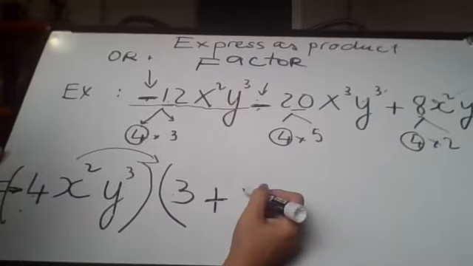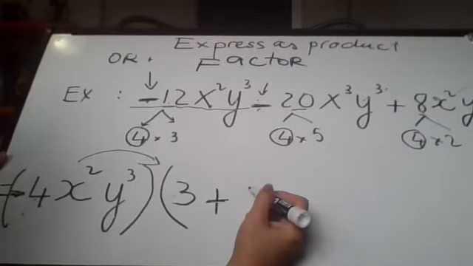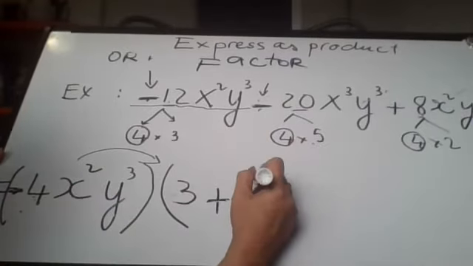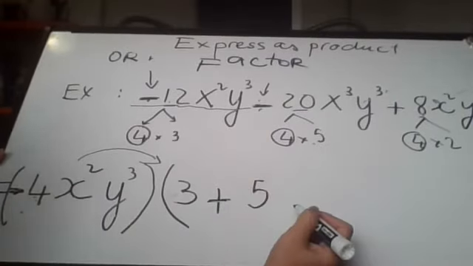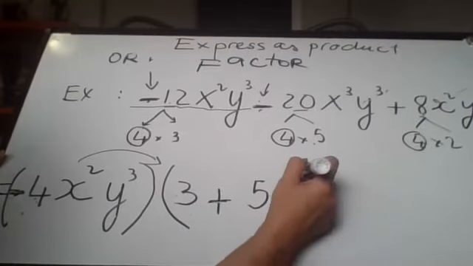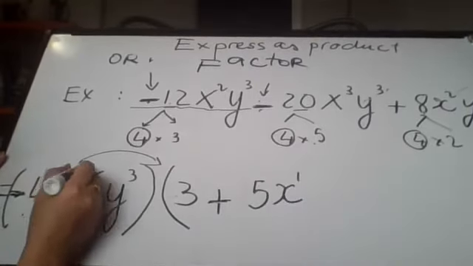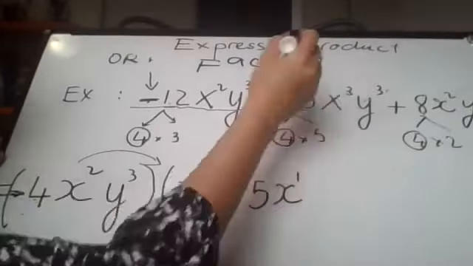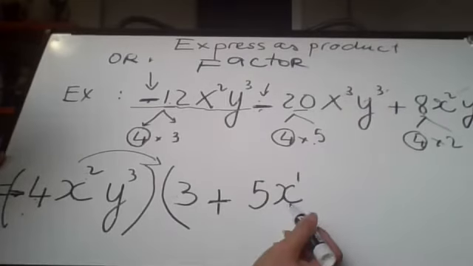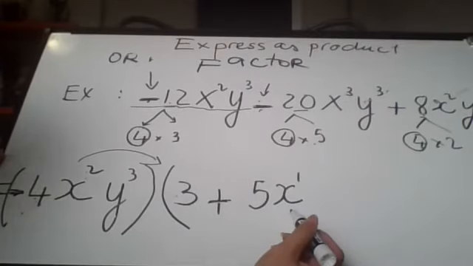So this will be 20, so 4 times 5, so I'm going to put in here 5. X to the power 3, so I need x to the power 1, so that when I multiply, I get x to the power 3. So x squared times x is x to the power 3. So I need to put an x in this term.